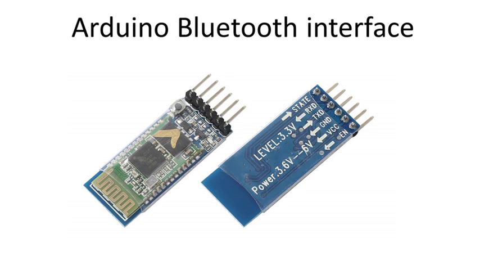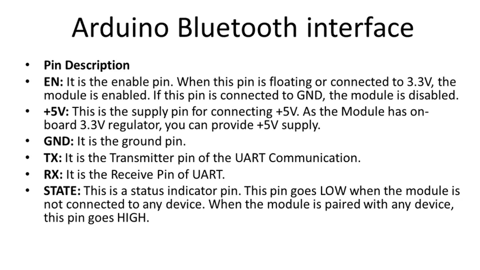Today we are going to use the Bluetooth module. There are 6 pins, and each pin has its specific meaning, which you can see over here. Now we are going to use Bluetooth for IoT applications, but before that we are going to describe the pins of the Bluetooth module.